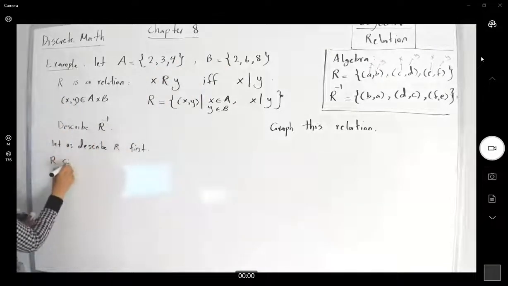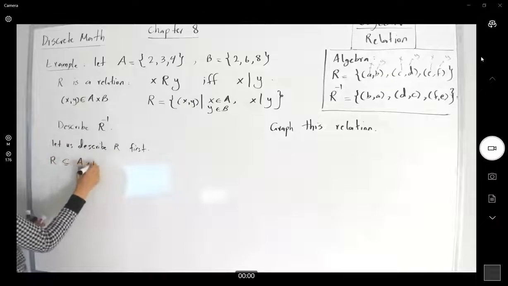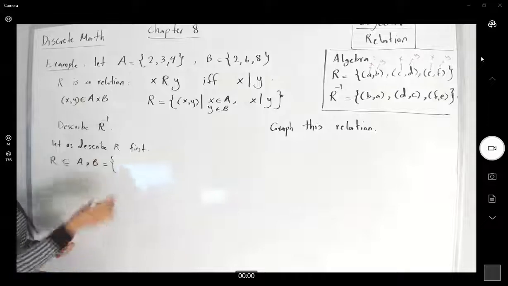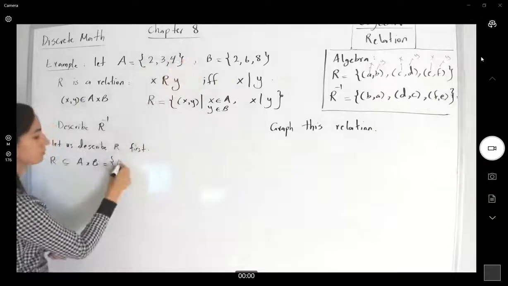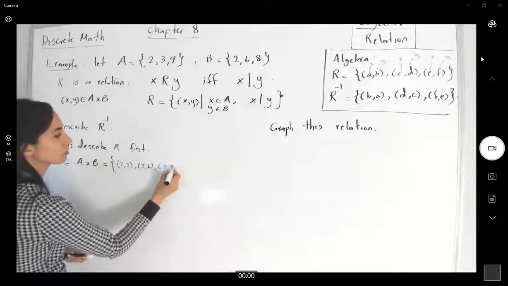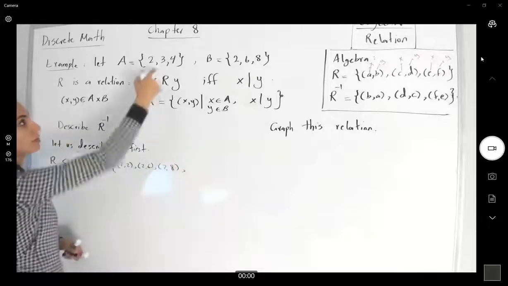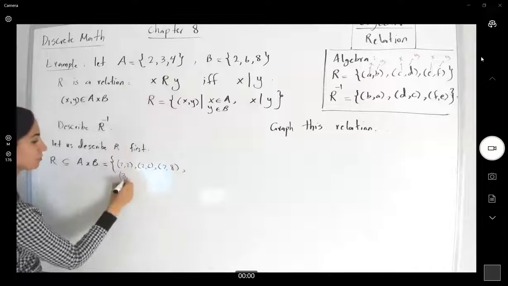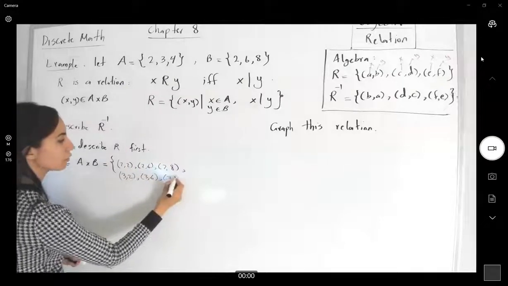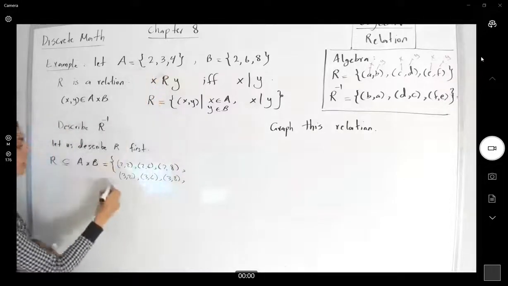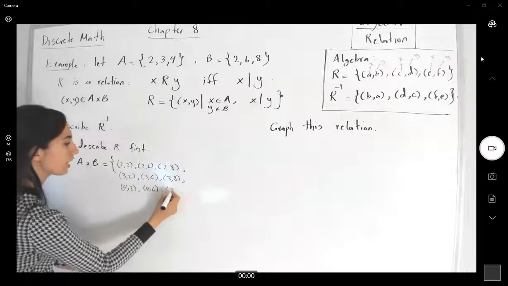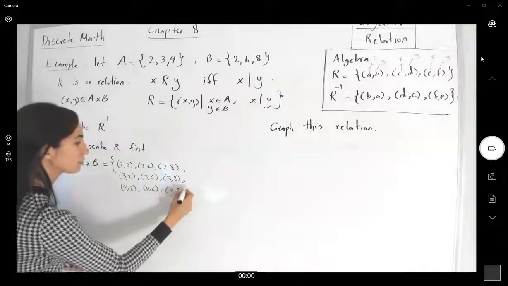R is a subset of the Cartesian product between A and B. So we can list them all. Here you have 2, 2, 2, 6, 2, 8. Then you have 3, 2, 3, 6, 3, 8. Then you have 4, 2, 4, 6, and 4, 8.